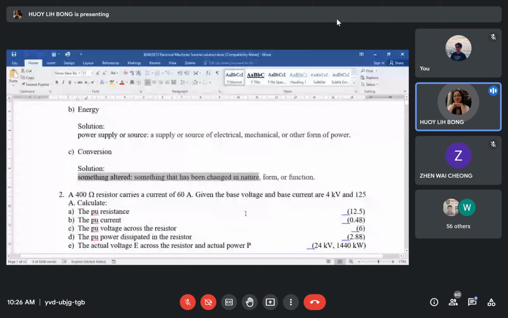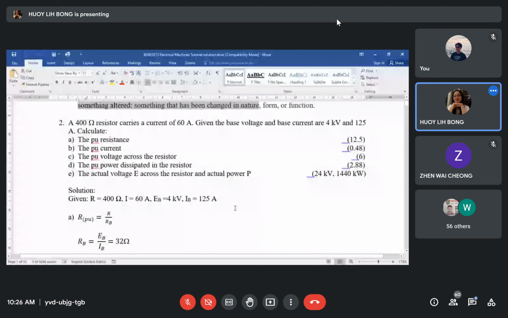Question 2 is just a revision. Okay, just use Ohm's law. In electrical, usually we denote the voltage or the source as E rather than using V. If you look at electronic books, they usually use V. So for machine, because they will generate the electricity, we call it electromotive force.